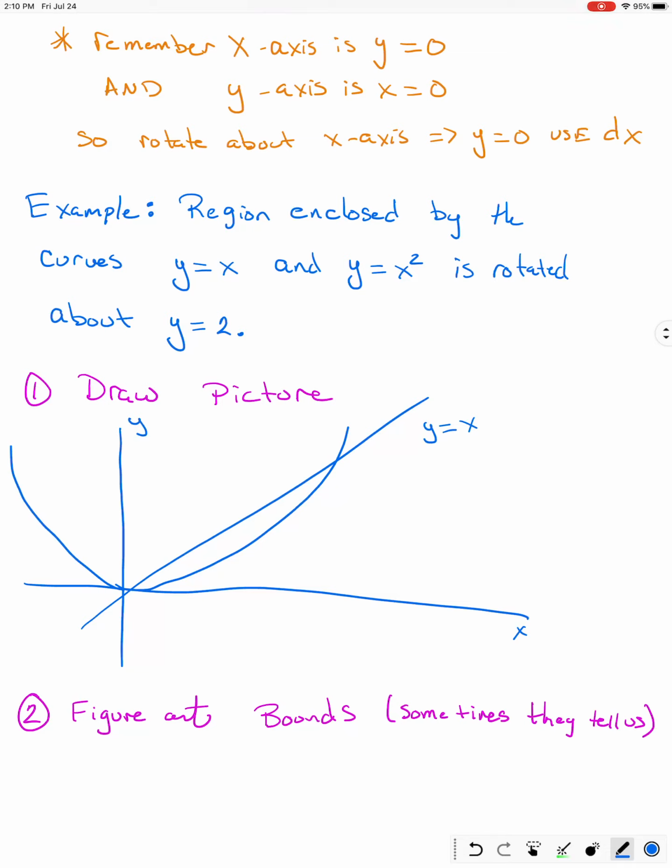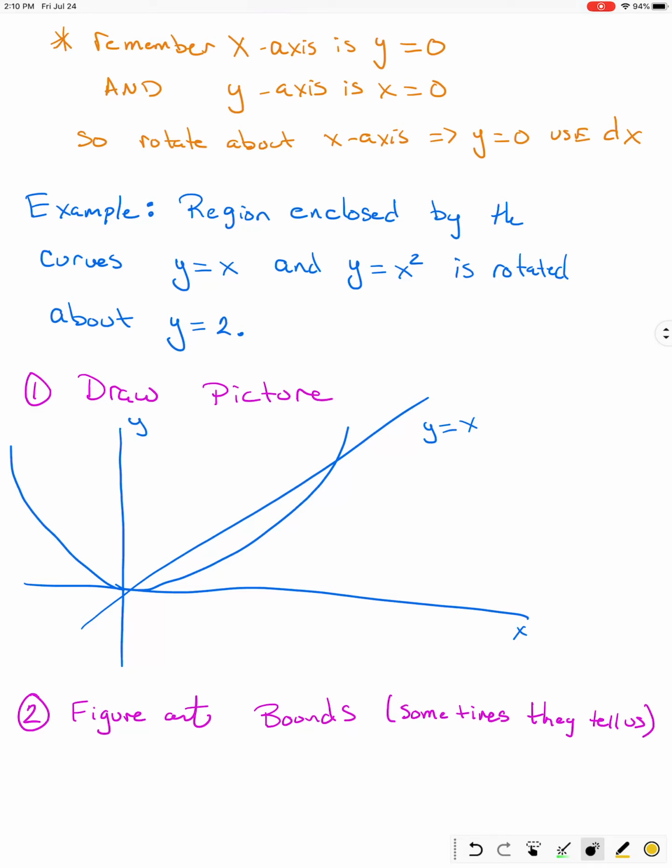So I also sometimes have to remember when I'm sketching that where I draw my rotation about, make sure I don't put it in the wrong spot. It would be a mistake to draw it down here and say this is y equals 2, because it's below the bound. So sometimes I have to get a sense of where my bounds are first, and then I can figure out where my line is.